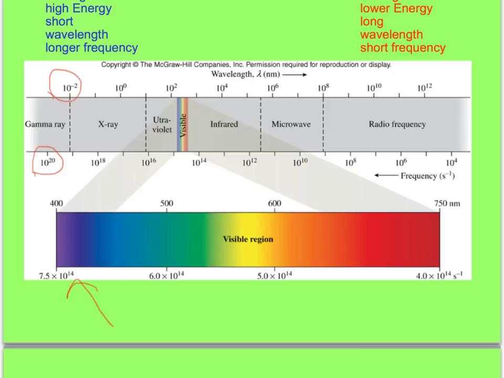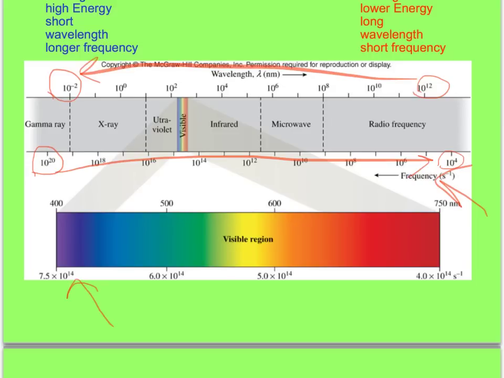And then if you go over here and look at the red light, it has lower energy, and it has a long wavelength and a shorter frequency. So do you see 10 to the 20th is going down, and here you go down this way. So they actually are inversely related there.